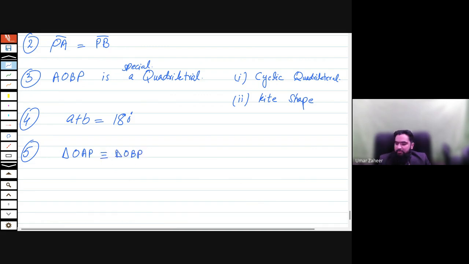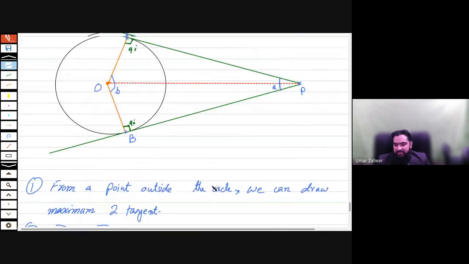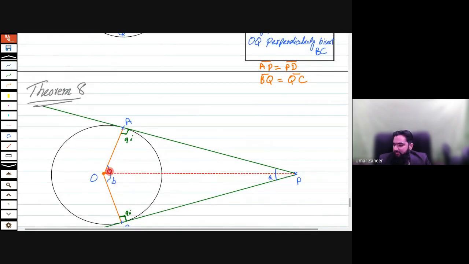Congruent means OP is equal to OP, AP is equal to BP, OB is equal to OA. This angle is 90, so this will be 90 as well. If this is 30, it will be 30. If it is, for example, 80 degrees, it is 80 degrees as well. It means the sides and the angles are exactly the same.